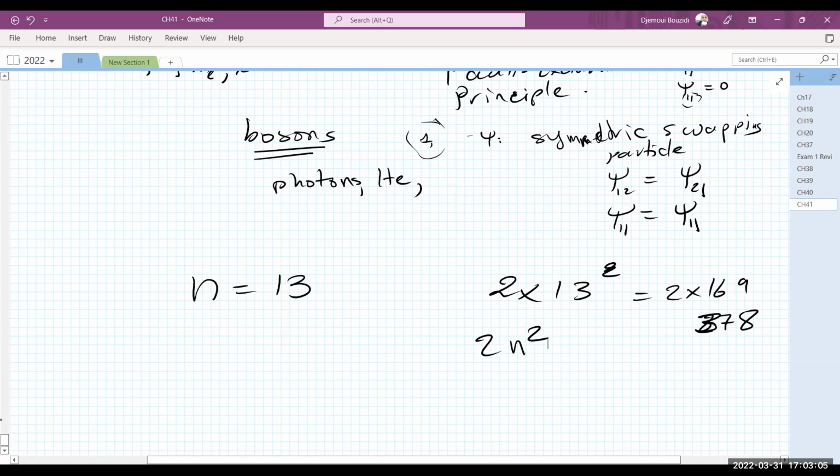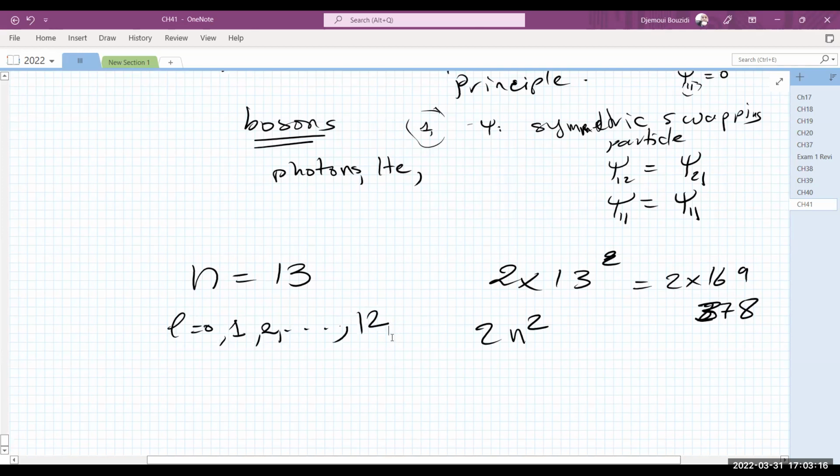Obviously, for n equals 13, l can be 0, 1, 2, all the way to 12, correct? Yes? Okay, very good.